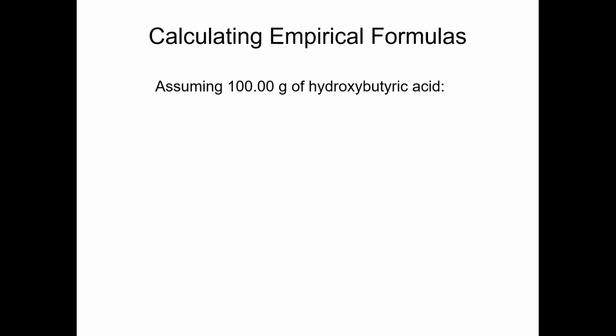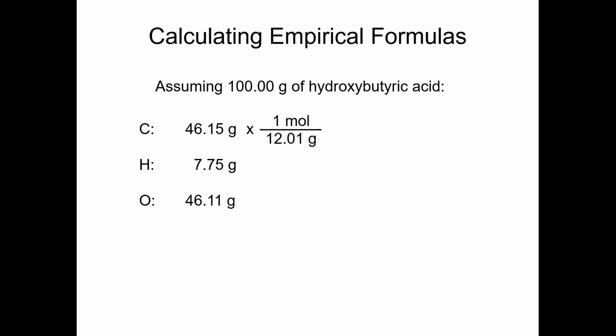And so we're going to do the same thing. I'm going to assume that I have a 100-gram sample of hydroxybutyric acid, and that allows me to convert the percentages of each element into grams of each element. 46.15 grams of carbon in a 100-gram sample, 7.75 grams of hydrogen, 46.11 grams of oxygen. Once more, I'm going to divide these by their molar masses.